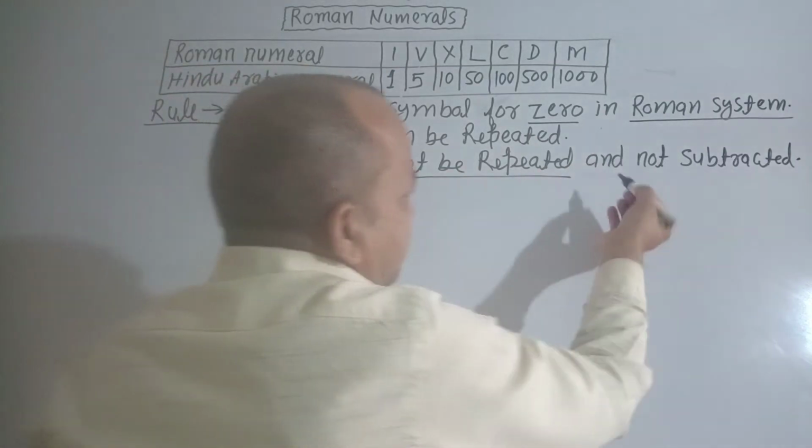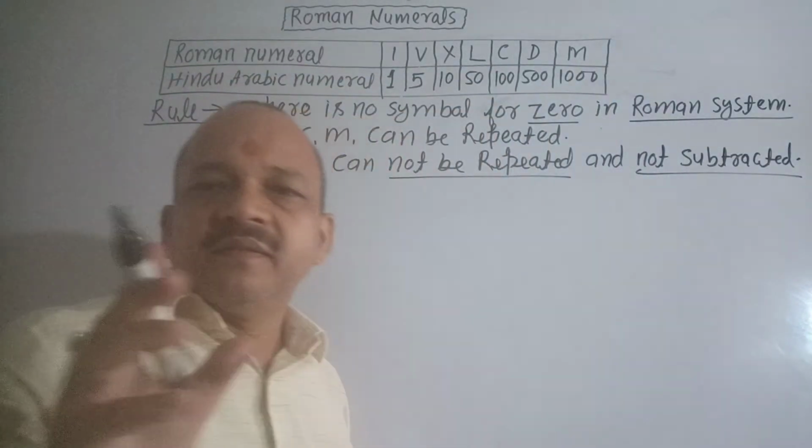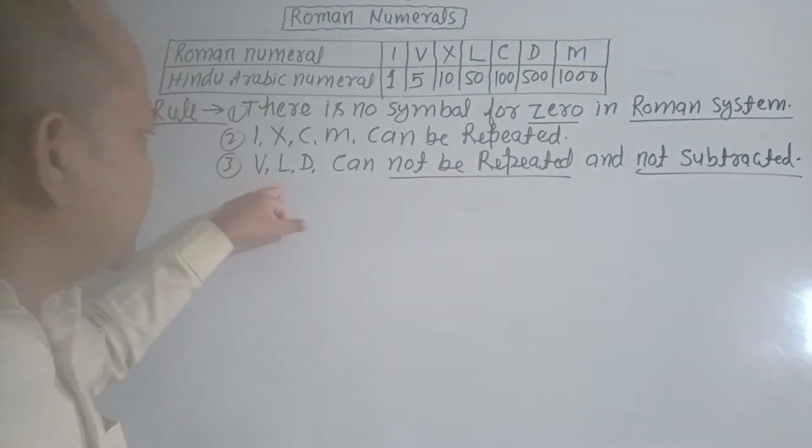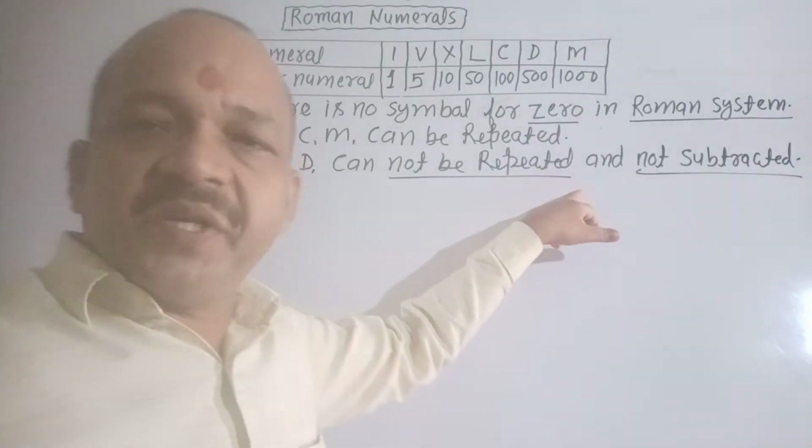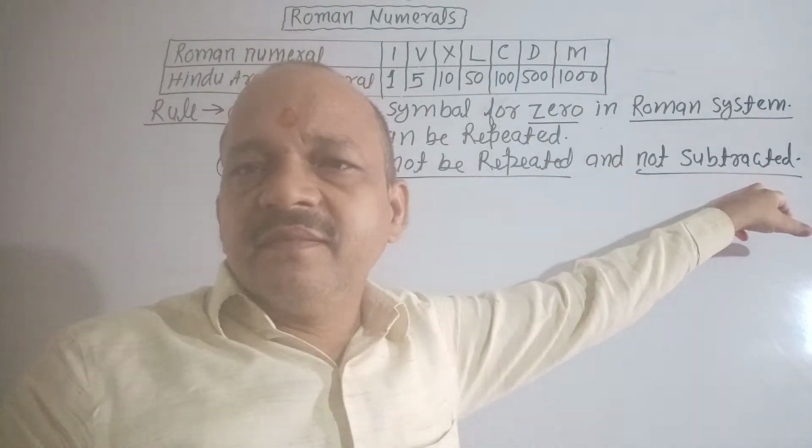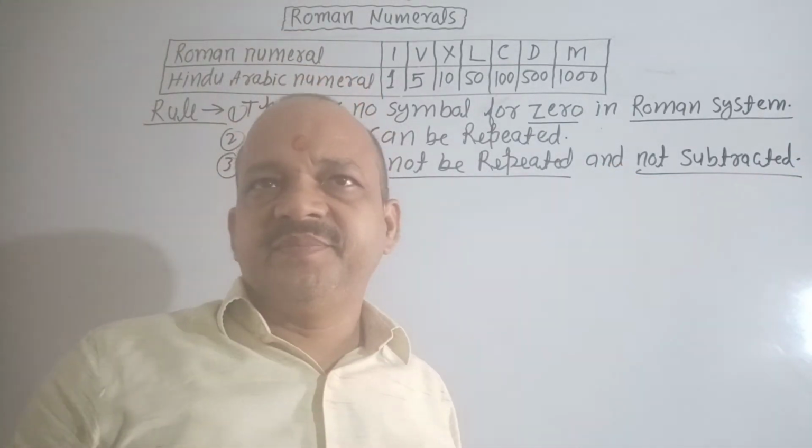Not repeated, not subtracted. It is clear? V, L, D cannot be repeated and not subtracted.